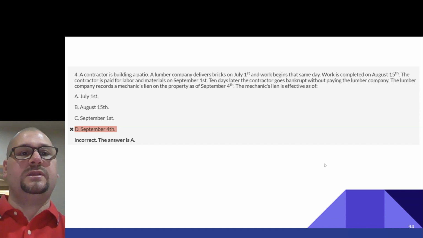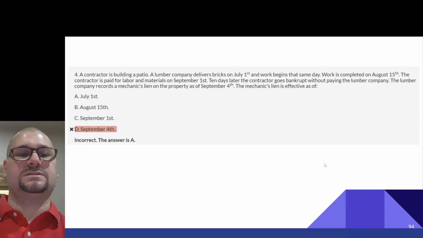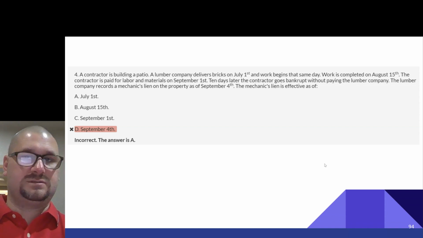The lumber company records a mechanics lien on the property as of September 4th. The mechanics lien is effective as of July 1st.